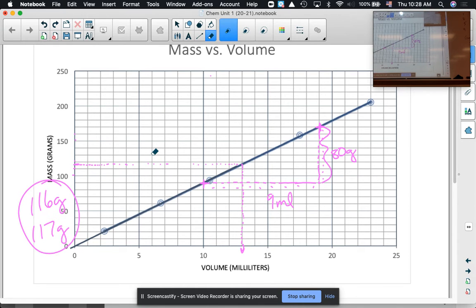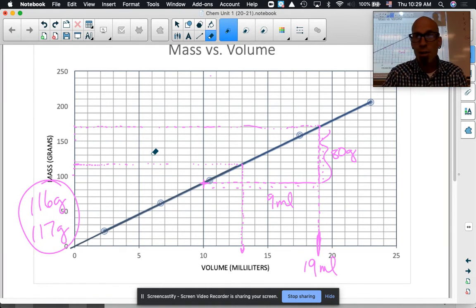That's 160, 170. Okay, so I go 2 boxes above the 150, and I take this all the way over to the line. Oh wait, that's one of the places I used for slope. Oh, look at that! It's in a perfect grid intersection. So that looks like what? 19 mLs or centimeters cubed.